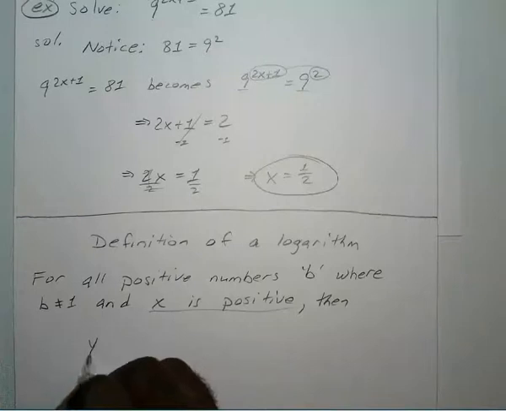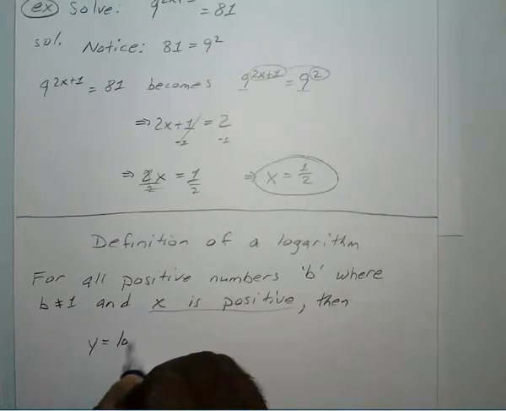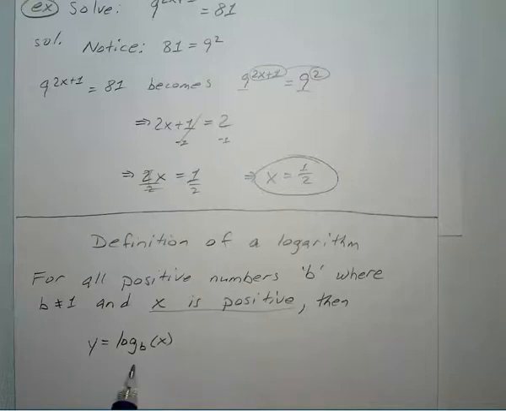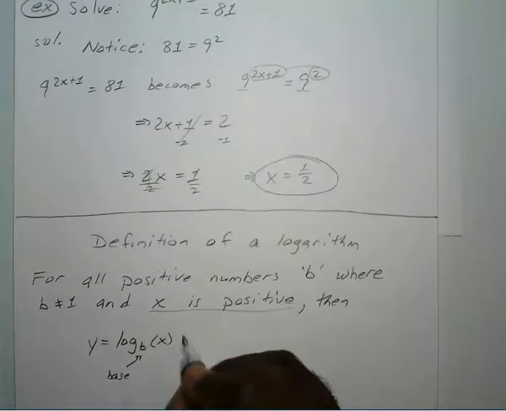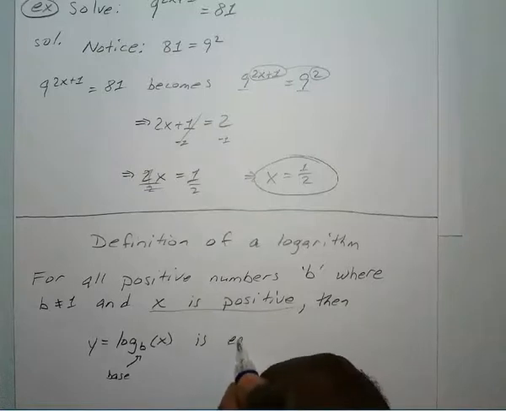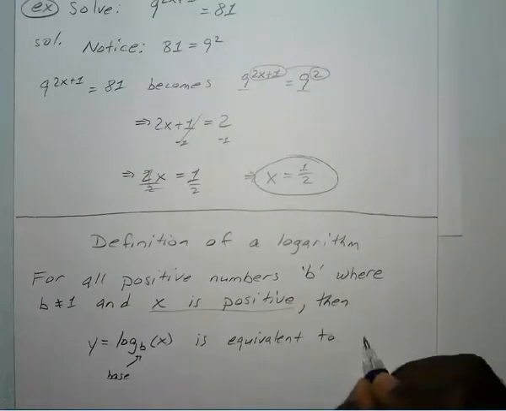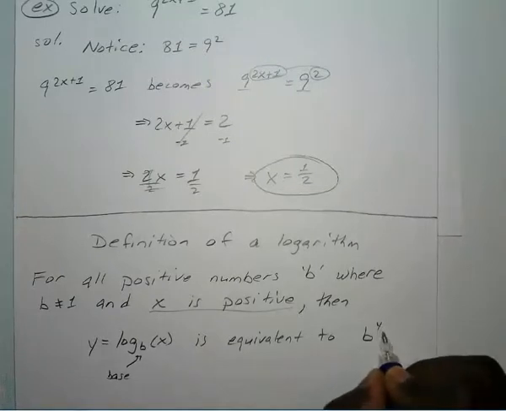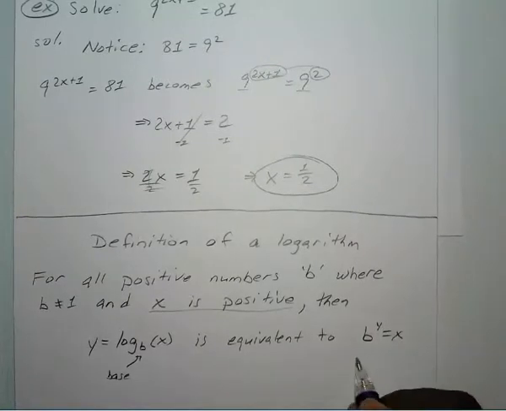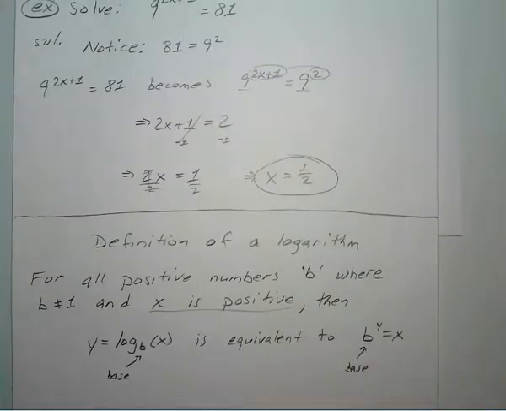Then Y equals log base B of X. Remember that B is just your base. This is equivalent to B to the power of Y equals X. Okay, so these two mean exactly the same thing.